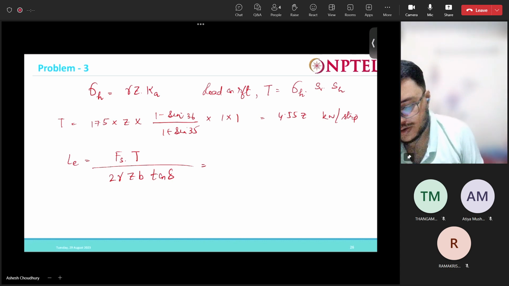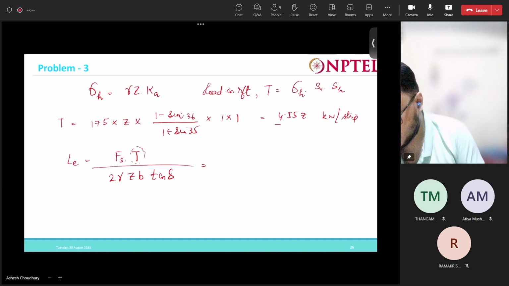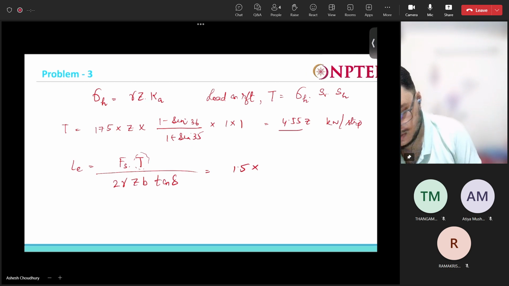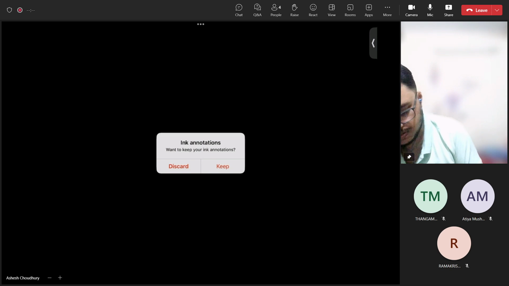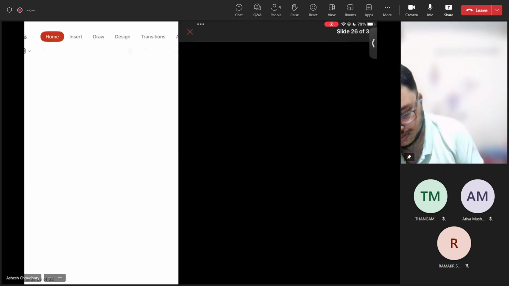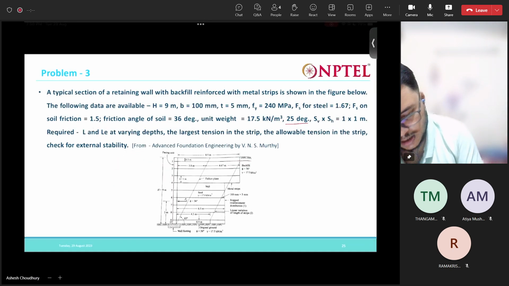Now what we will be doing is, in place of this T, we will be putting this expression. So 1.5 is given. Soil friction is 1.5, the factor of safety on soil friction. This is given, right?